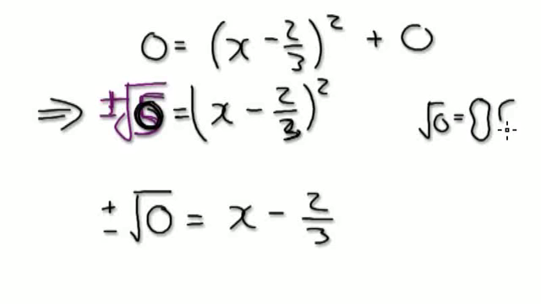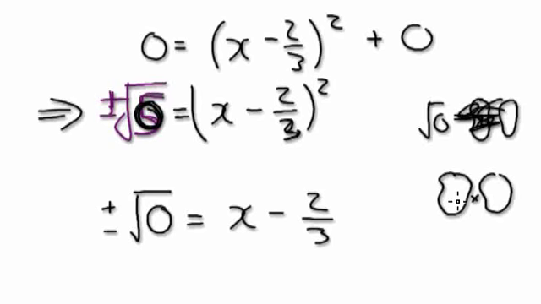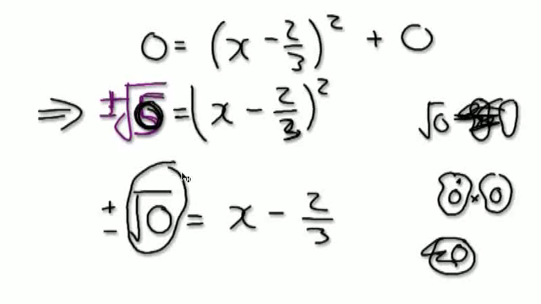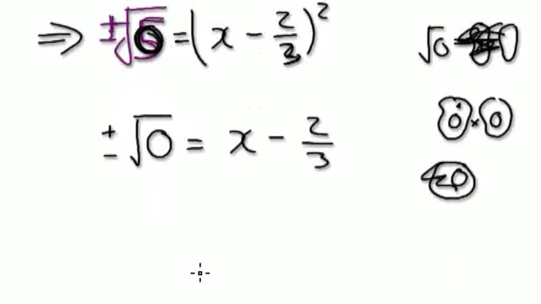You've got to find 2 numbers that, when you multiply them together, give you 0. Well, it can only be 0. So it's pointless saying minus 0; it's just going to be 0. So this thing here is going to be 0 anyway, so it's plus or minus 0.